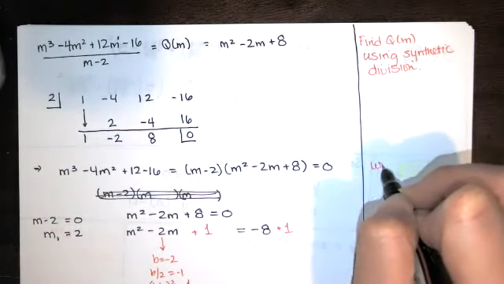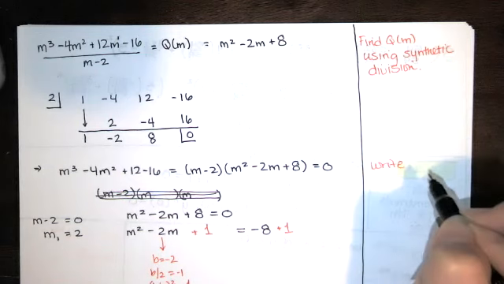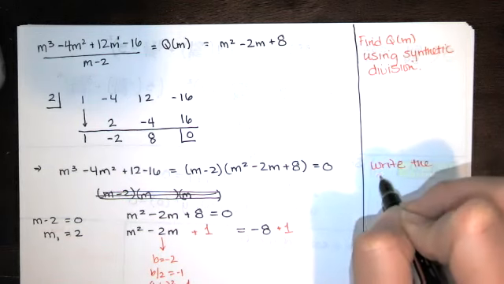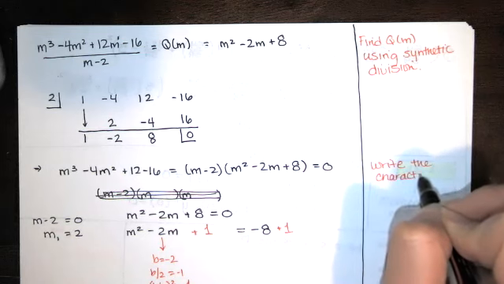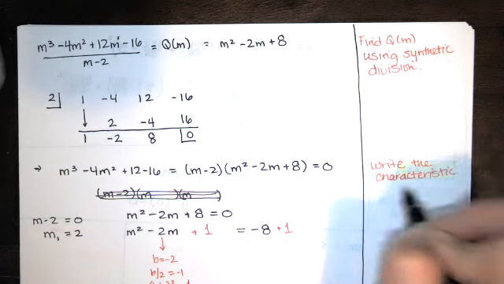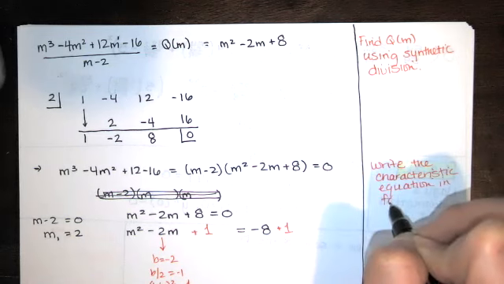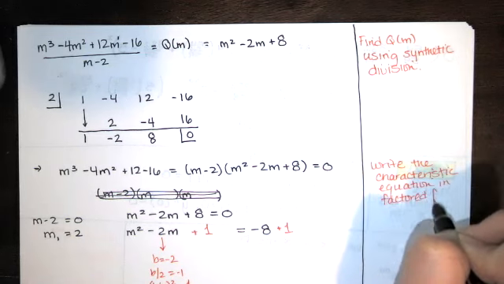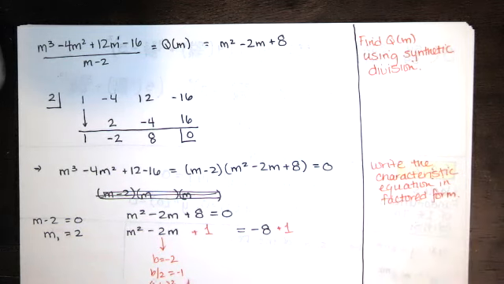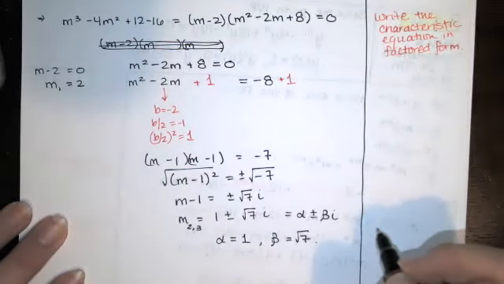We write the characteristic equation in factored form. And then you just solve for m1, m2, and m3, and we did.